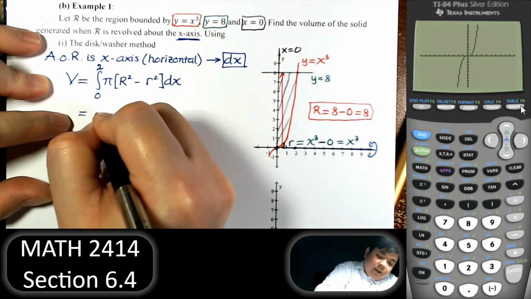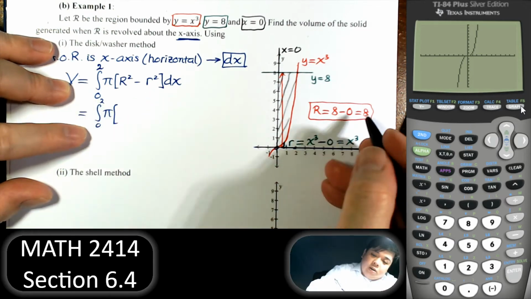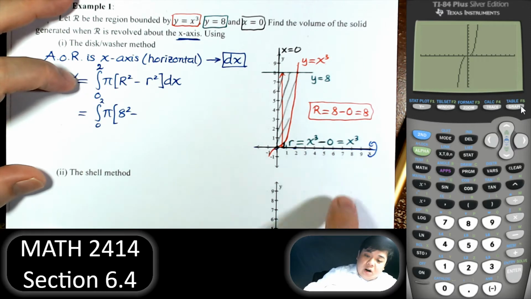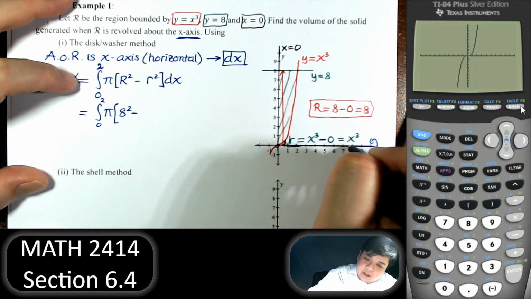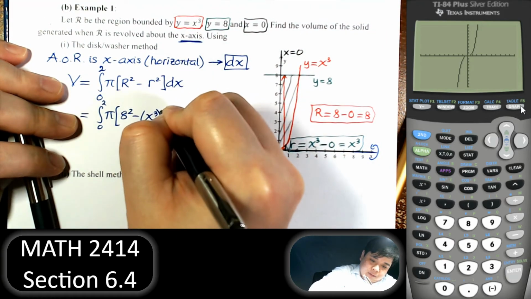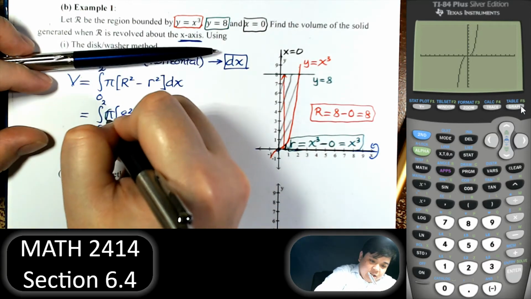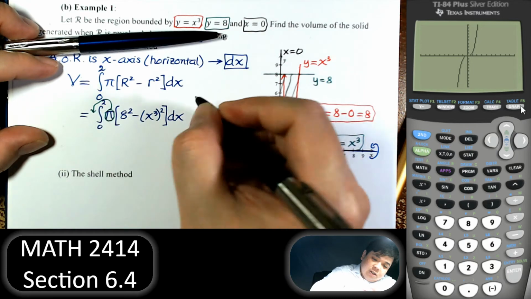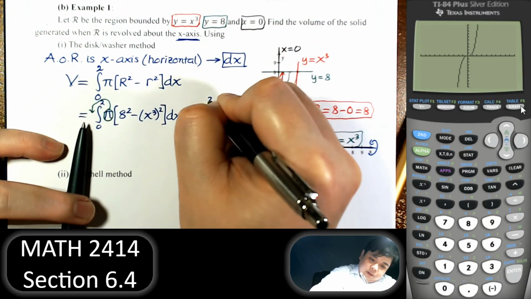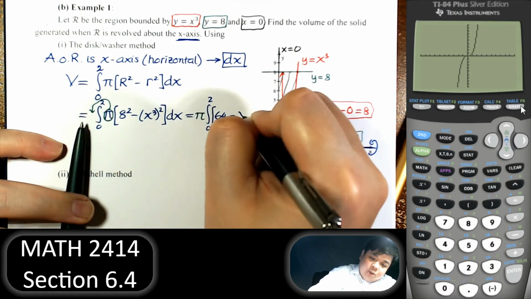So we're going to have the integral from 0 to 2 of pi times big R, 8 squared, minus little r, x cubed, squared dx. I can take out the pi, which is constant. 8 squared is 64, and x cubed squared is x to the 6.